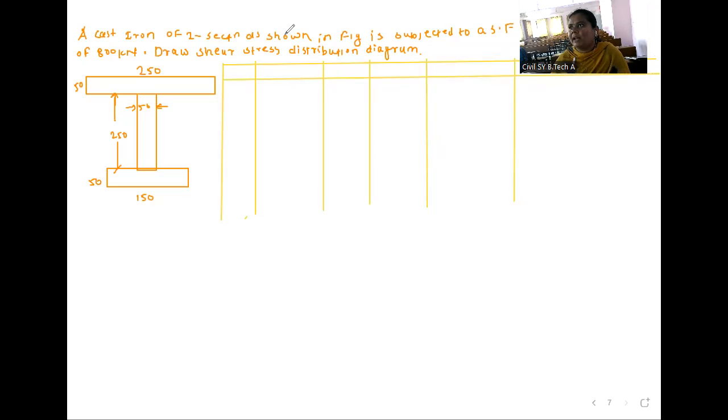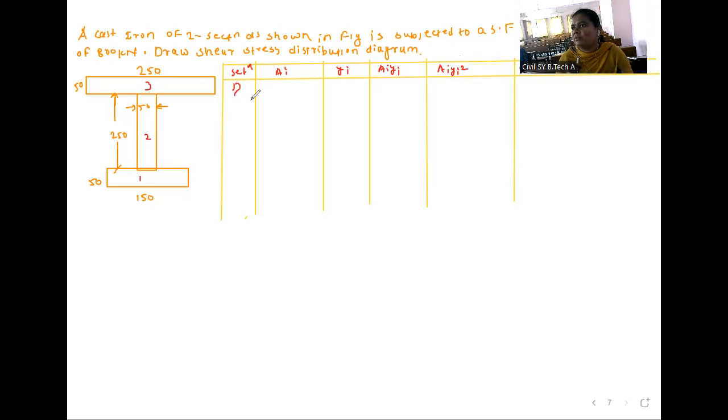So first we will write here section, then area, then y bar, then ai yi, ai yi square, and last one is the I self. So first we will consider this section 1, this is 2 and 3.